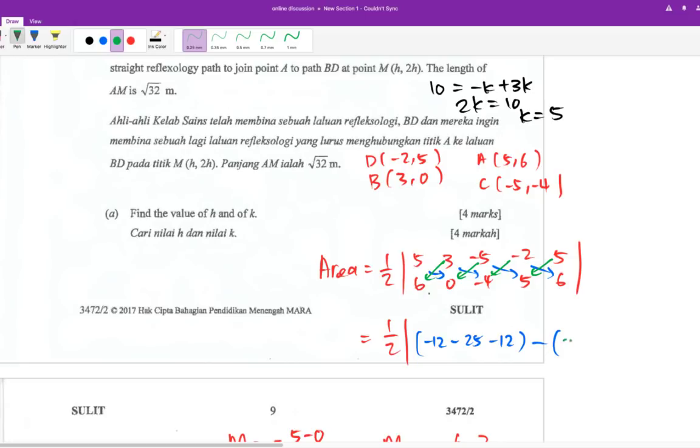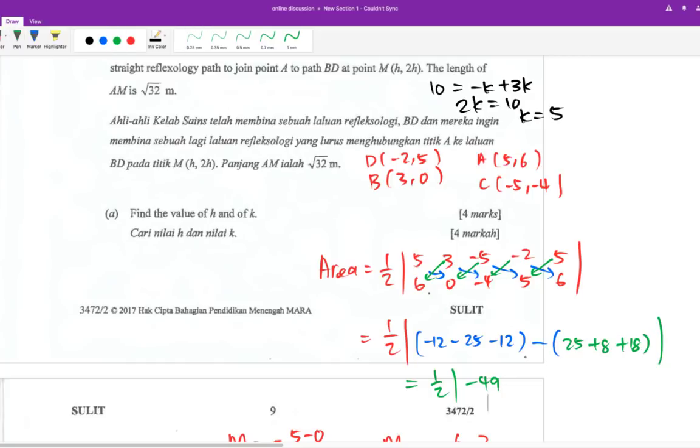Okay, so this one will be 25 plus 8, 0 plus 18. Then you just solve this using the calculator, which is -12 minus 25 minus 12, -49, minus 25 plus 8 plus 18.